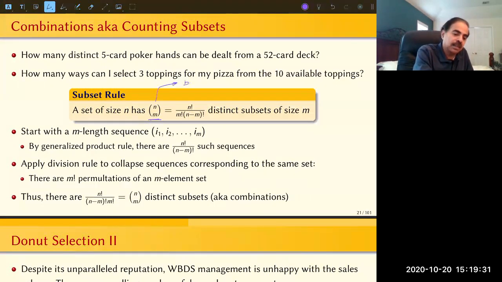Sometimes this is called a binomial coefficient. But basically, it represents the number of ways to choose a subset of m elements given a set of n elements, right? So that's why it's called n choose m, okay?